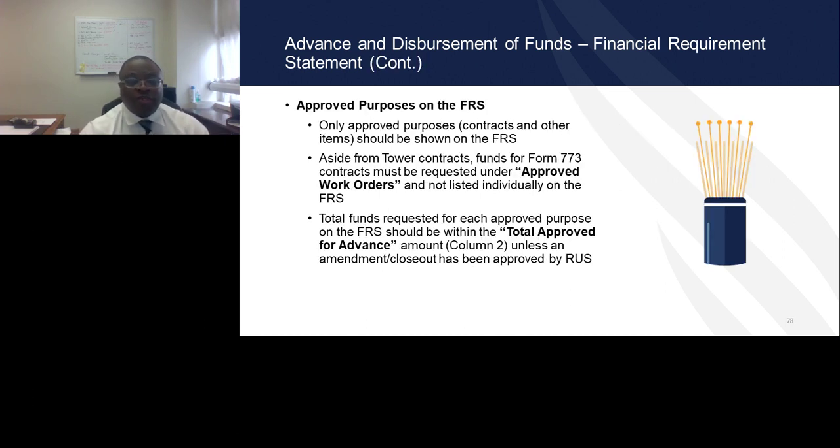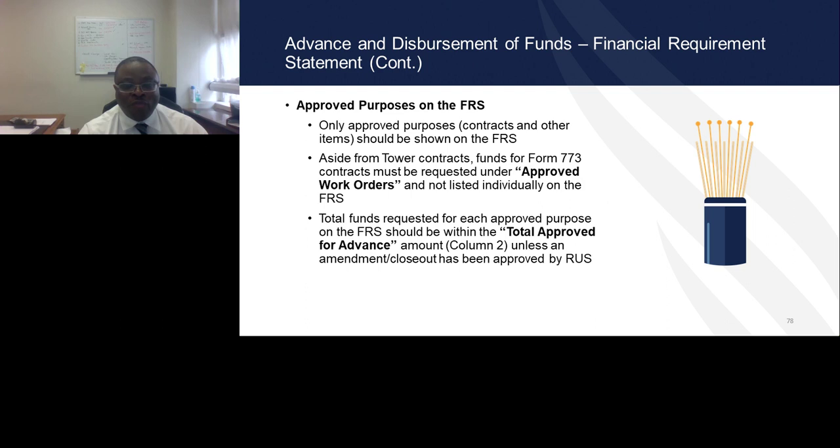Only approved purposes must be listed on the FRS, so we have an approved purposes column. Those purposes will include the contracts that were approved by our RUS, and also tower contracts, which will be the 773 contracts that I mentioned earlier that were previously approved. Work orders are grouped, so there's only one line item for work orders.